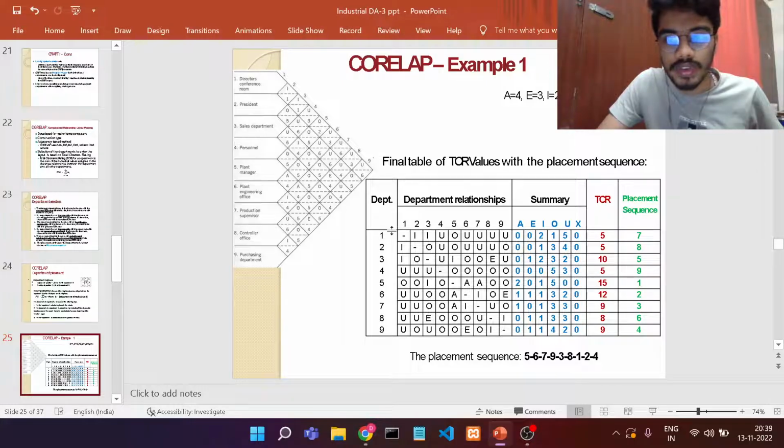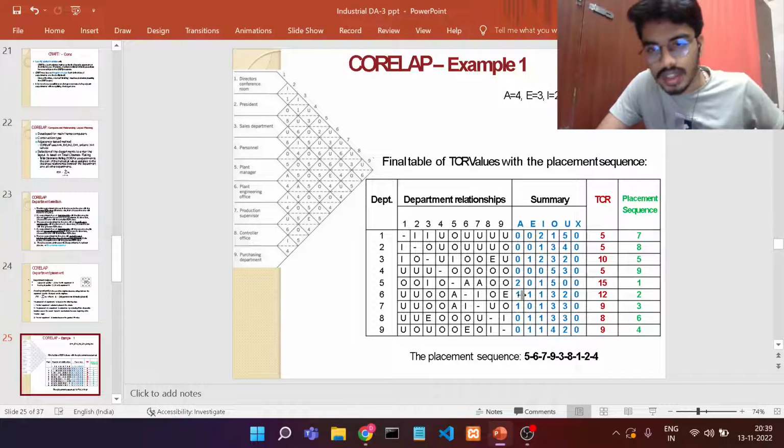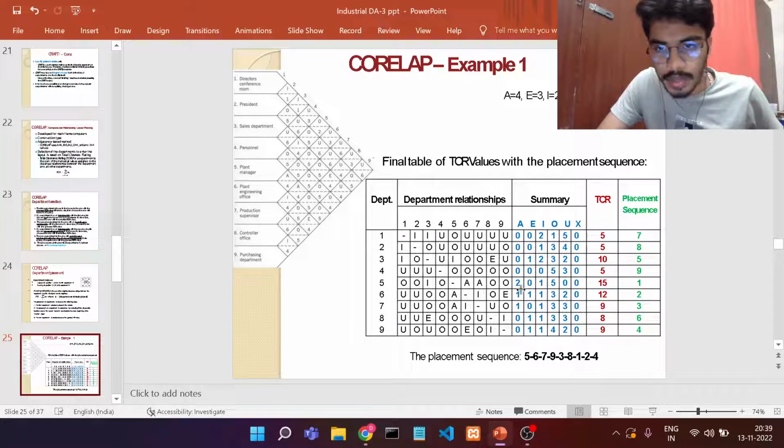So what we get is that department fifth will get the first priority, the first placement sequence, and sixth will be your second placement sequence. As you can see here, department fifth had two A's.